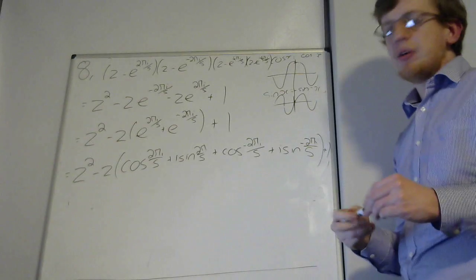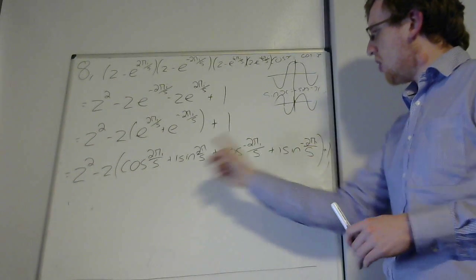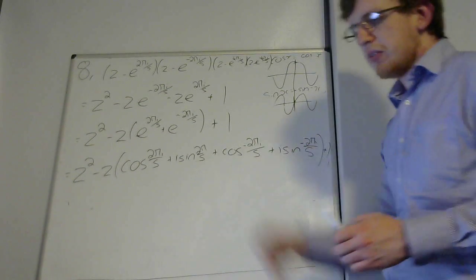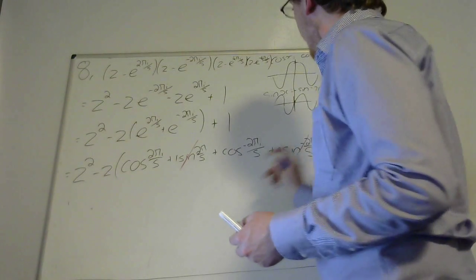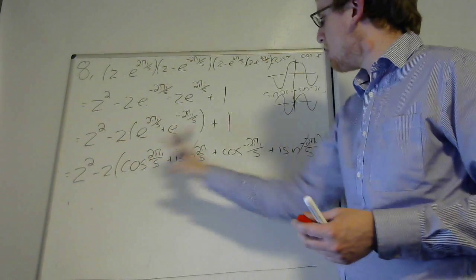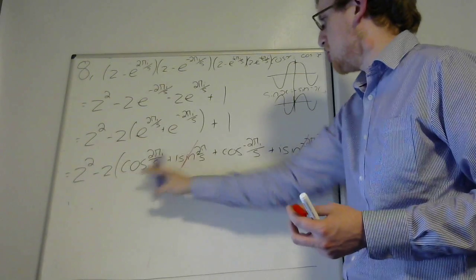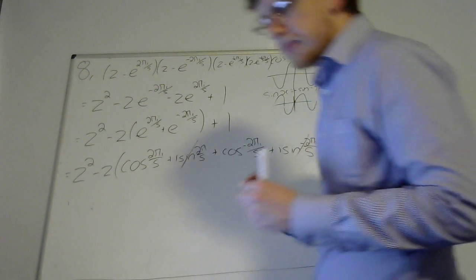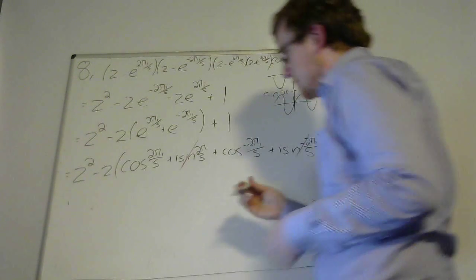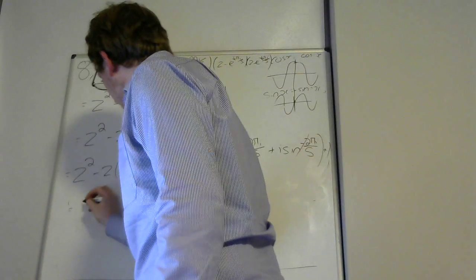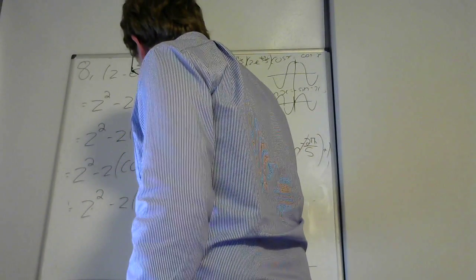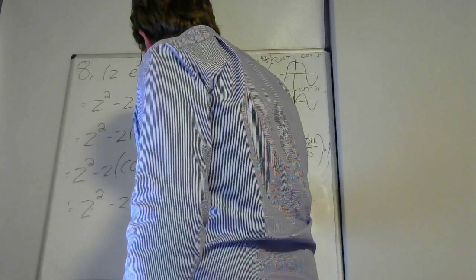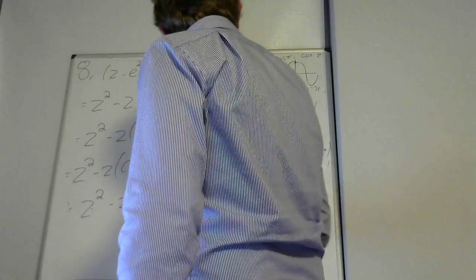So what will happen is that this sine will cancel out with this sine, because they're just opposites of each other. And this cos will combine with this cos because they're identical. So that gives us z squared minus z lots of 2 cos of 2 pi on 5, plus the 1.